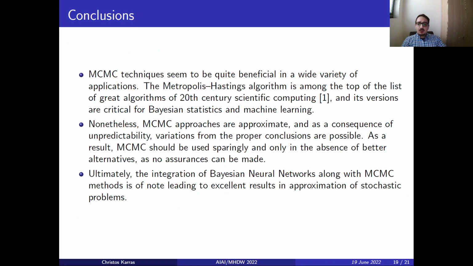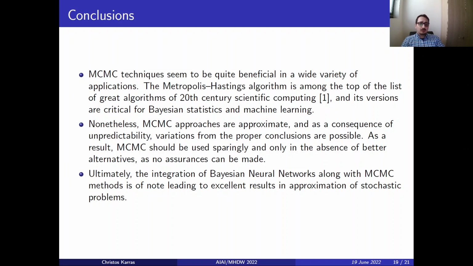In conclusion, Markov Chain Monte Carlo techniques seem to be quite beneficial in a wide variety of applications. Particularly, the Metropolis-Hastings algorithm is among the top of the list of the great algorithms of the 20th century in scientific computing presented in the SIAM News, and its versions are critical for Bayesian statistics and machine learning.